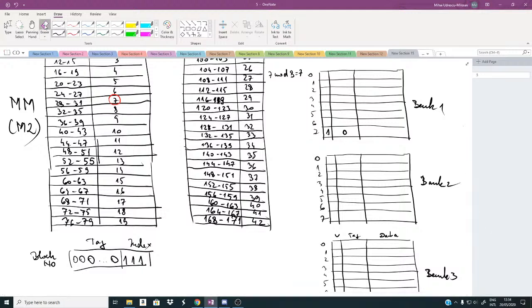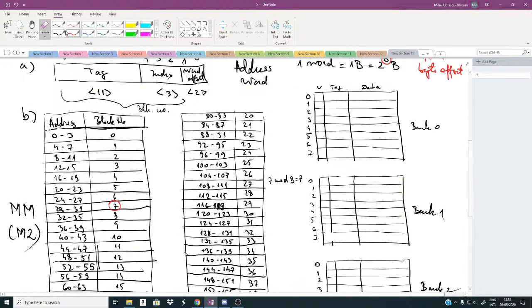We don't know the contents of these words, but we represent them as the addresses from which we take these contents: 28 to 31.